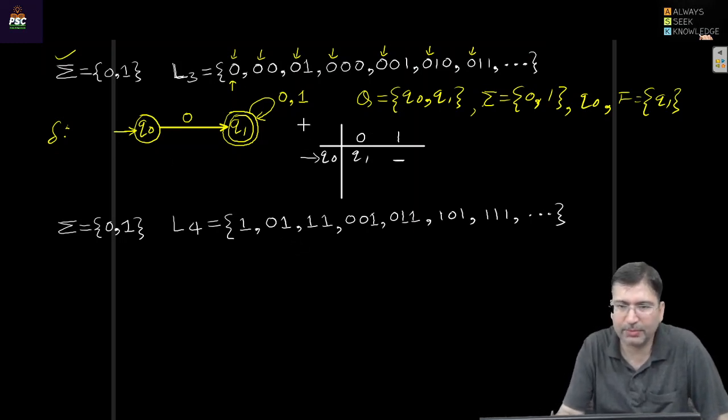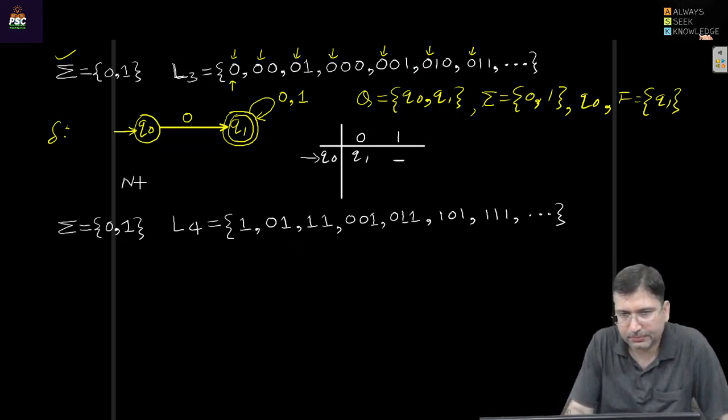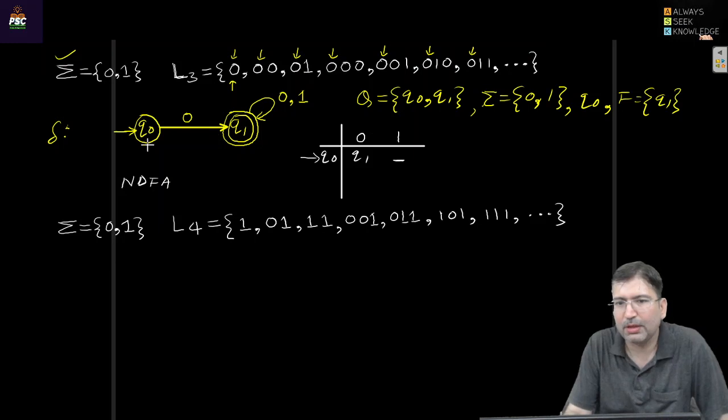That means this automata is NDFA, non-deterministic finite automata. It is finite because a finite number of states are there. So this is a finite state machine, but it is NDFA. Why non-deterministic? Because when input 1 comes on q0, this machine doesn't have any clue what to do.